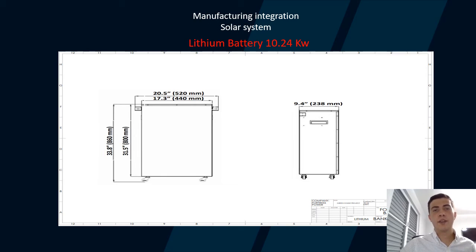In this part, we have the lithium battery of 10.24 kilowatts. We have the lithium battery configuration that was established in Phase B in the weighted plating method, and we have all the dimensions of the battery in this drawing.